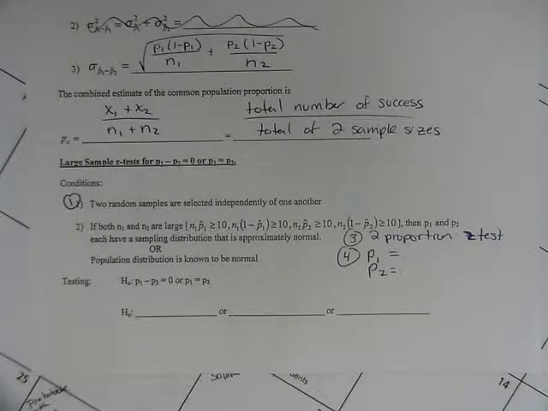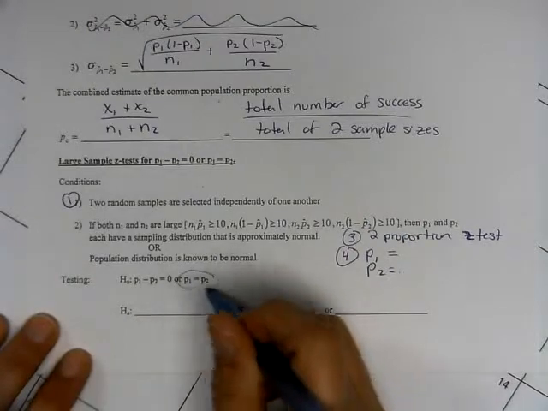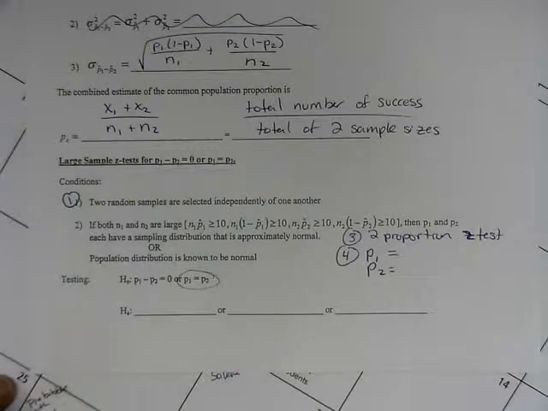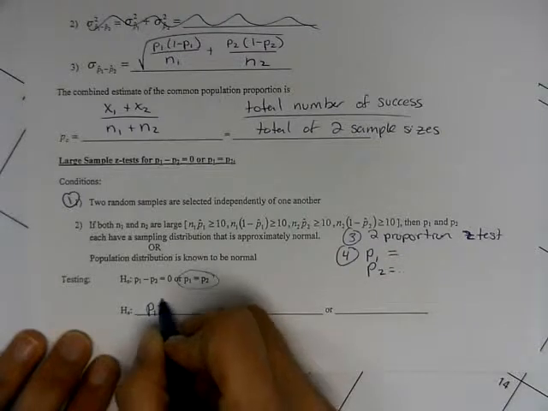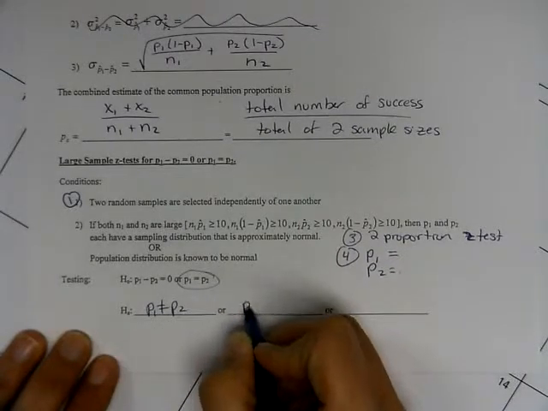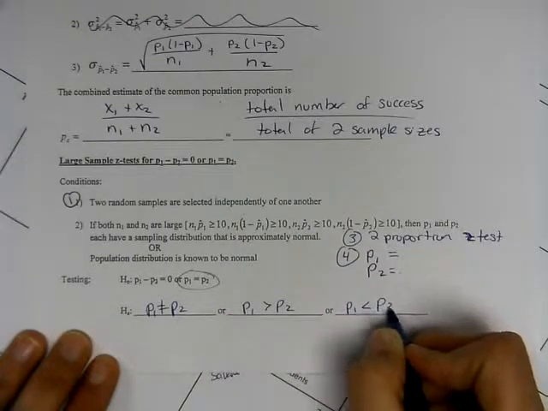Now your null hypothesis, just like with the means, it's either P1 minus P2 is 0. I prefer to write it that P1 and P2 are equal. And then your alternate can be P1 not equal to P2, P1 greater than P2, or P1 less than P2.